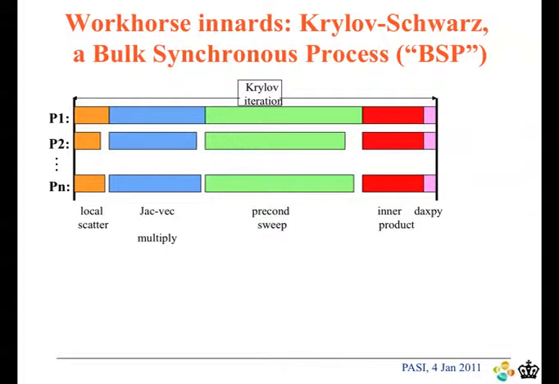This is where your global network is exposed, and then you do a DAXPY, and everything resynchronizes at the end of the inner product, no matter how bad the load balance has been in between. And the load balance may be different between the computing and the communicating, of course. And good mesh partitioners like Metis that can have multiple objectives are useful there. And then the whole thing repeats.